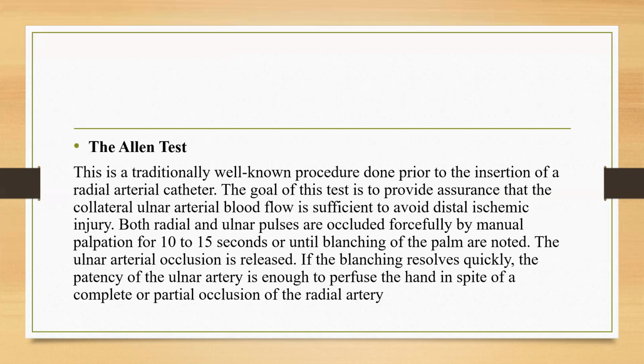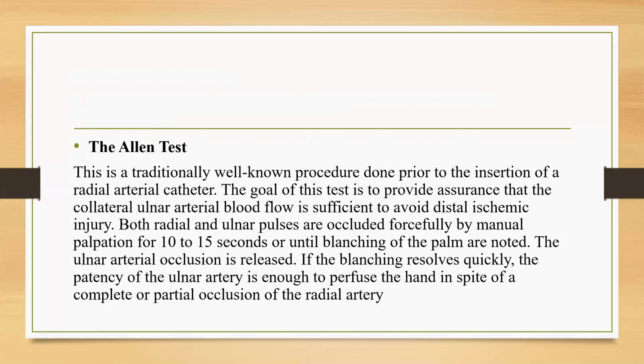The Allen's test. This is a traditionally well-known procedure done prior to the insertion of a radial arterial catheter. The goal of this test is to provide assurance that the collateral ulnar arterial blood flow is sufficient to avoid distal ischemic injury. Both radial and ulnar pulses are occluded forcefully by manual palpation for 10 to 15 seconds or until the blanching of the palm is noted.